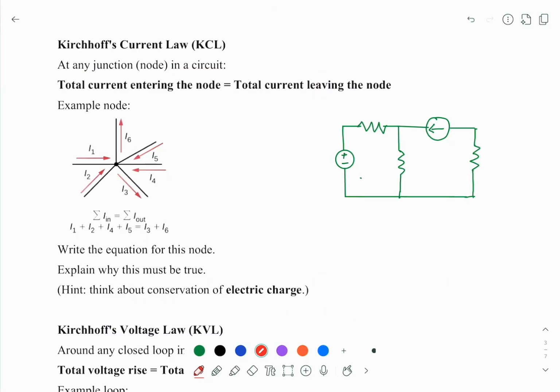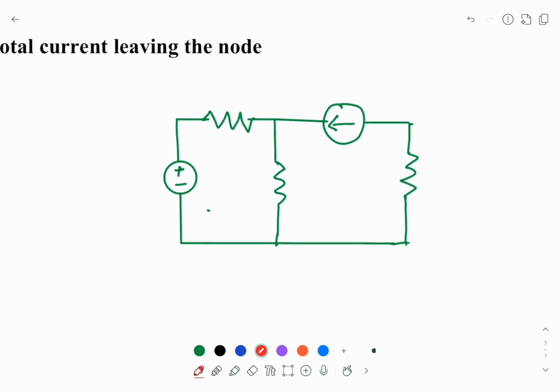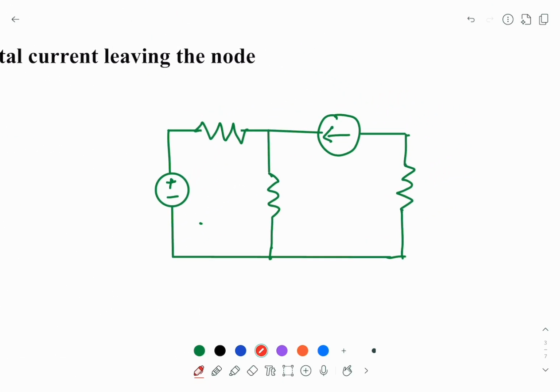Here we are going to look at the most important rule in circuit analysis. It's called the Kirchhoff current rule and the Kirchhoff voltage rule. First, look at what the Kirchhoff current rule says. Here is an example of a very simple but real circuit.